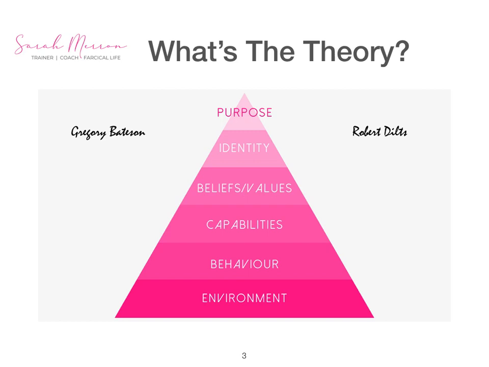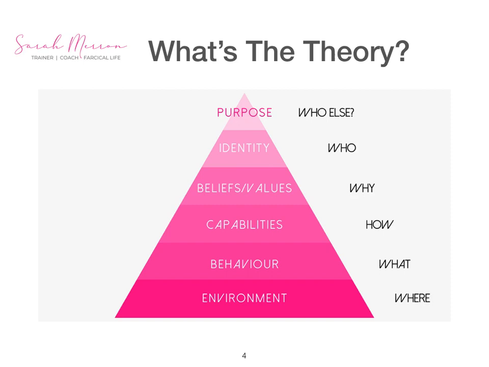So if you see here, what we have is environment at the bottom level, behavior, capabilities, beliefs, values, identity, and purpose. And the purpose, I guess, is more of a context or spiritual issue, because it's kind of who else is impacted by this concept or idea.